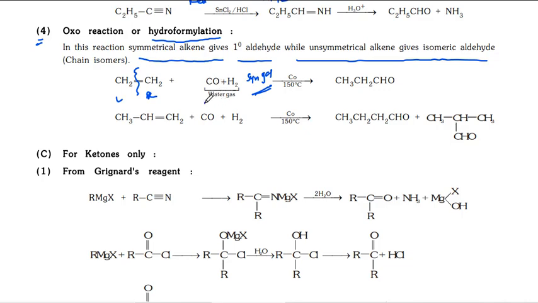It is also known as water gas because this CO and H2 is formed by hot carbon plus H2O, that is steam we are sending. Then it forms CO plus H2. This is formed from water, therefore this one is called water gas.